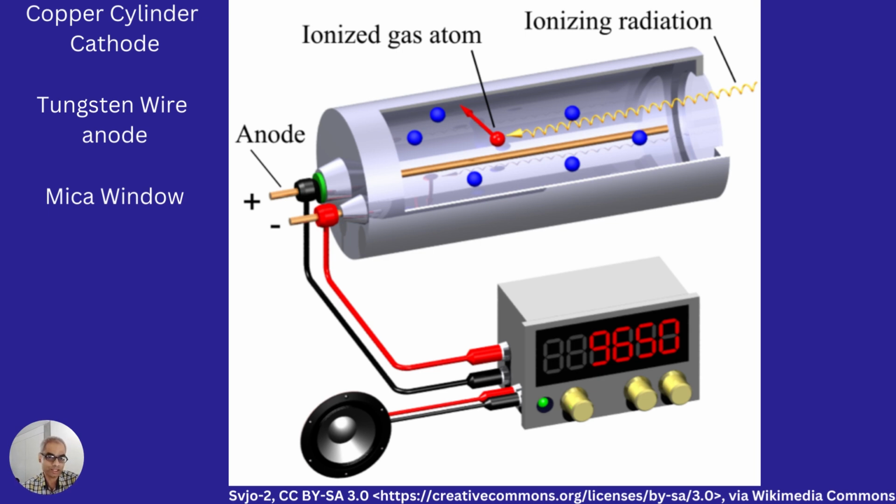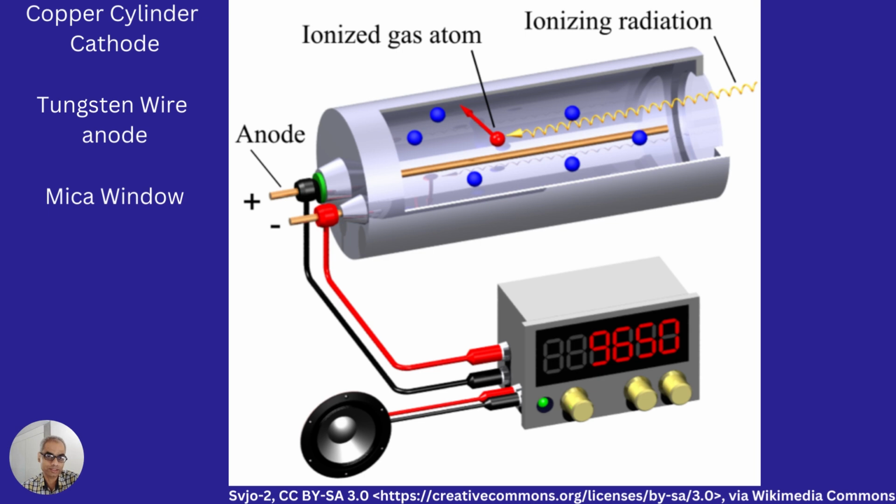This system is connected with the high voltage supply to the anode and cathode, and then whenever the radiation is incident on the gas which is present inside the chamber, this gas will get ionized and the electron will release. These electrons can get accelerated towards the anode, and the ions which are positively charged, they can go to the cylindrical cathode.